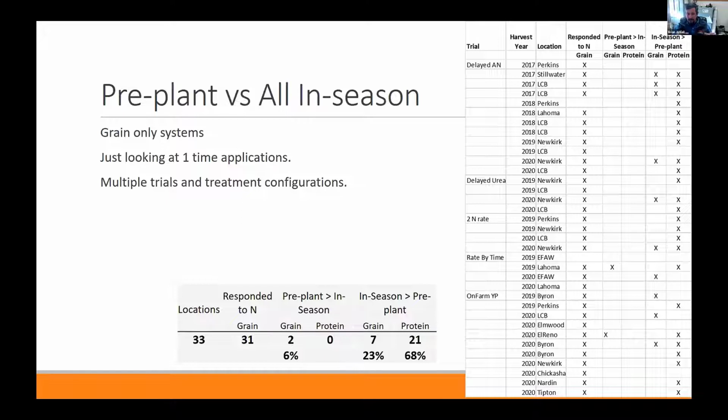Protein, though, especially those years that we can have a better protein or have an opportunity for protein premiums, 70% of the time almost, I had a statistically significant increase in grain protein by waiting to closer to hollow stem. So if I'm going to Vegas, all my money's got to be on in-season. I've only got a 6% chance of a positive ROI on pre-plant when I've got all that opportunity on in-season. And I'm not talking a split. I'm talking all in-season versus all pre-plant.